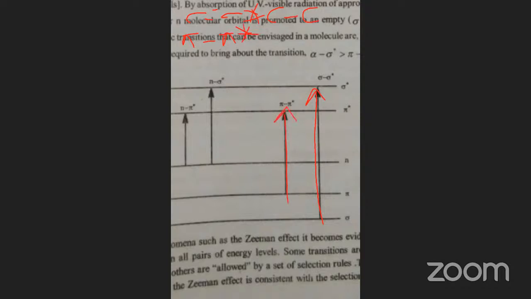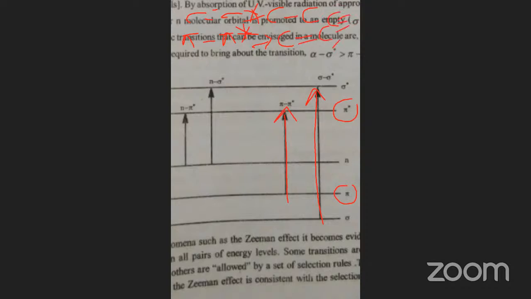This is the pi orbital, this is the pi star orbital. So the electron jumps from the pi orbital to the pi star excited state. That type of transition is called pi to pi star transition. It occurs when the carbons have a double bond or a triple bond.